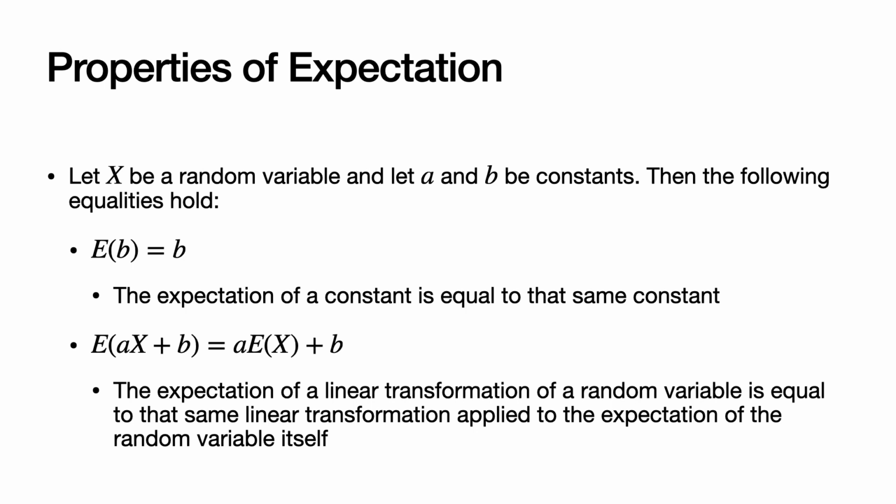Now note that a times x plus b is a linear transformation of the random variable x, and it is itself a random variable. And so in words, this is saying that the expectation of a linear transformation of a random variable is equal to that same linear transformation applied to the expectation of the random variable x itself. Because of this, we say that expectation is a linear operation or a linear operator.